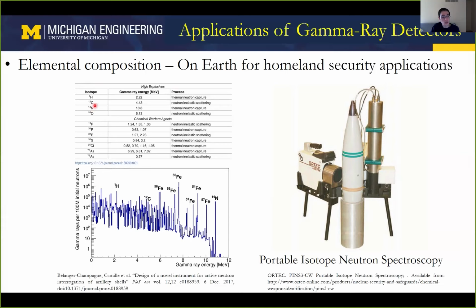So in high explosives, you can see that the most used elements in the explosive are hydrogen, carbon, nitrogen, oxygen. And they take the ratios of them and try to infer what kind of explosive it is inside. There are also chemical warfare agents, where they use the different elements to try and estimate what is in there. And with that, we conclude the first module of the series.